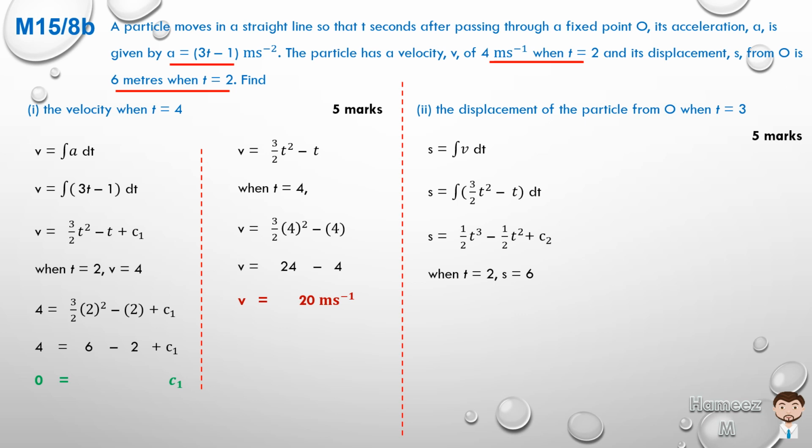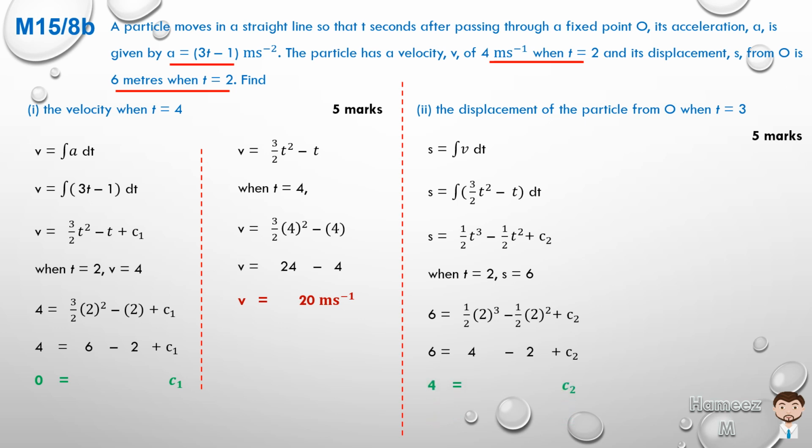So substituting, it will give us 6 is equal to a half by 2 cubed minus a half by 2 squared plus c2. So now we can find c2. So 6 is equal to a half by 2 cubed is 8. A half of 8 is 4 minus a half of 4, which is 2, plus c2. 4 minus 2 is 2. Carry that across. 6 minus 2 is 4. So 4 is equal to c2.